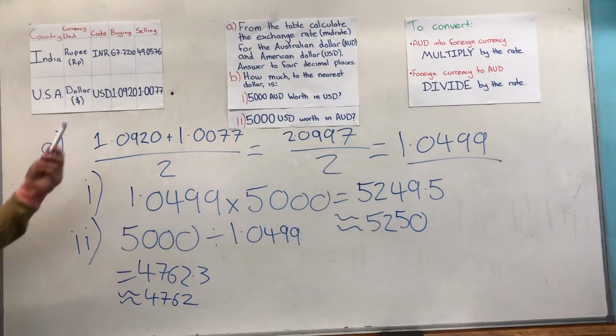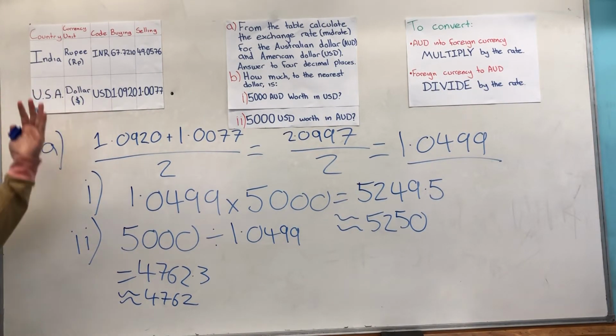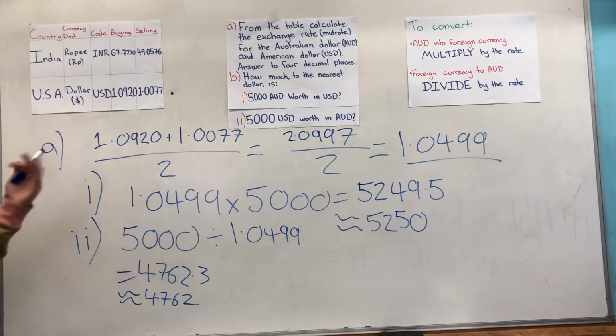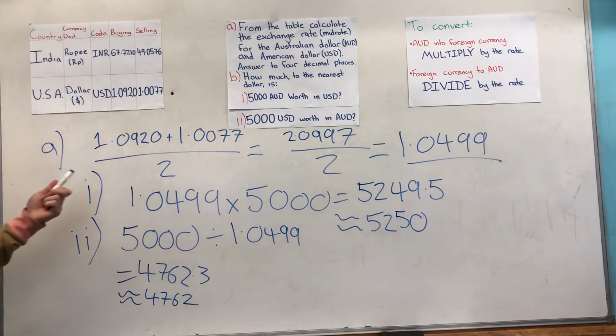One of the important things to remember is when you're going from Australian to a foreign currency, or from one currency to another, you multiply, but from a foreign currency back to Australian currency, you have to divide by the exchange rate.